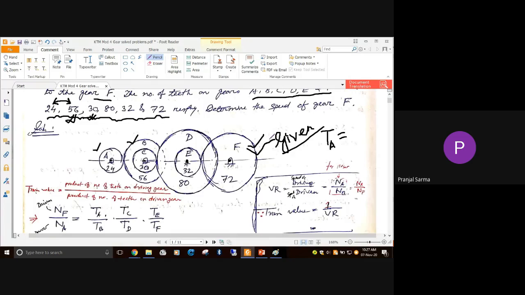Okay, so what we can utilize from our previous knowledge is the train value, where we know the teeth on all the driving gears and on all the driven gears.